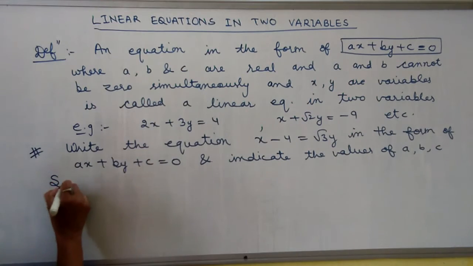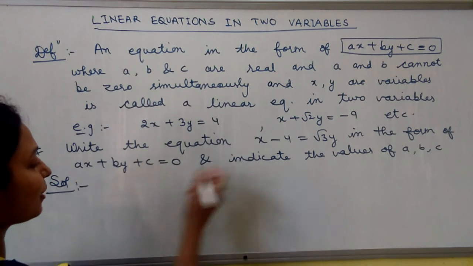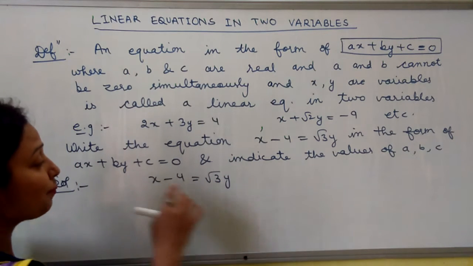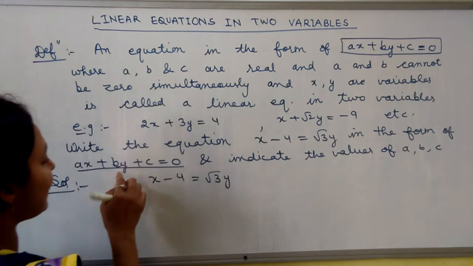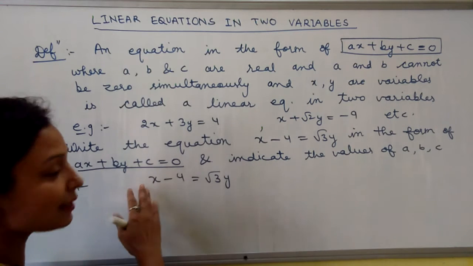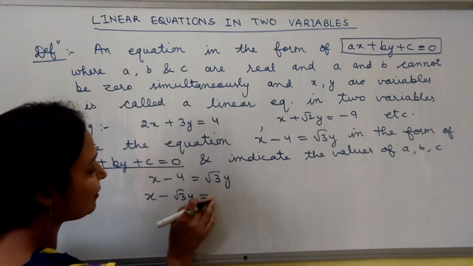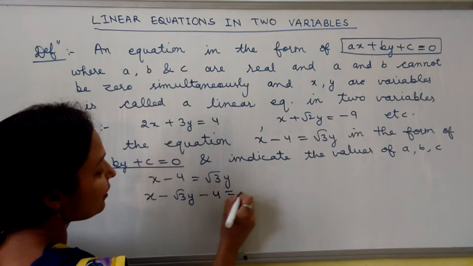So how to solve? When we start the solution, I will take the equation x minus 4 equals to root 3y. Okay, but the statement demands that y should be on the left hand side. So I will take this on the left hand side like this: x minus root 3y minus 4 equals to 0.